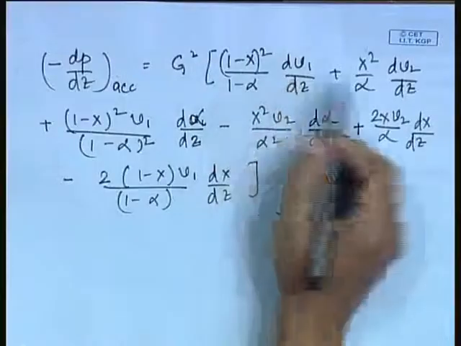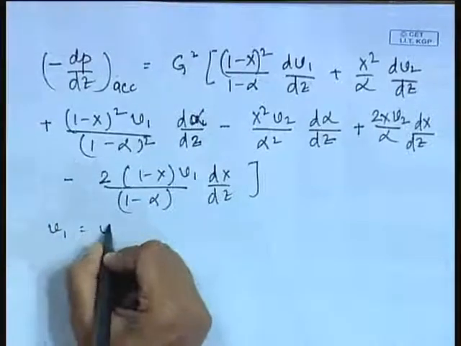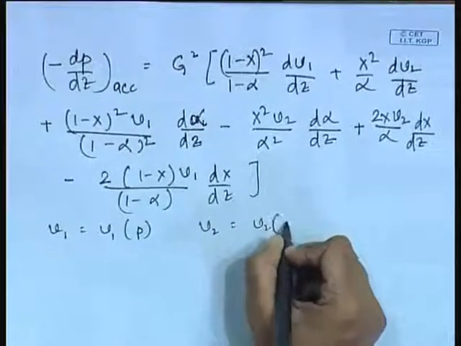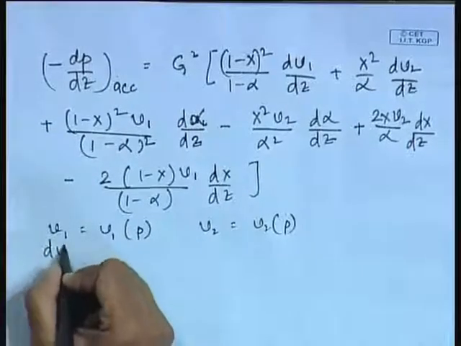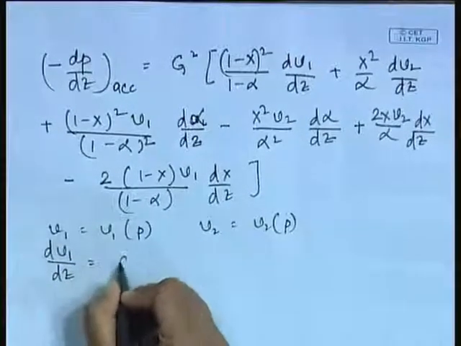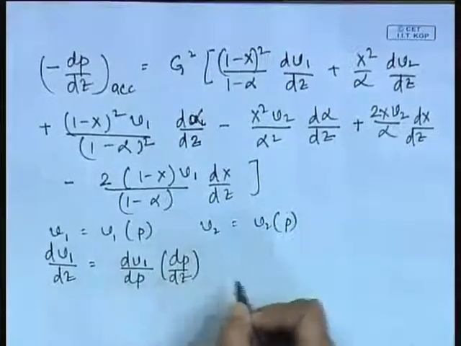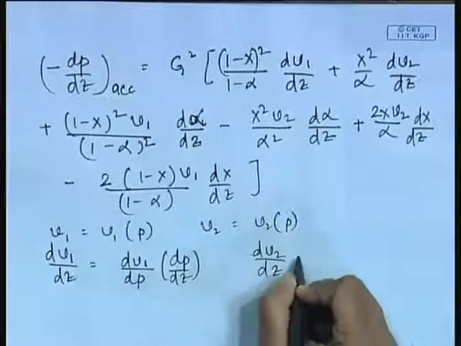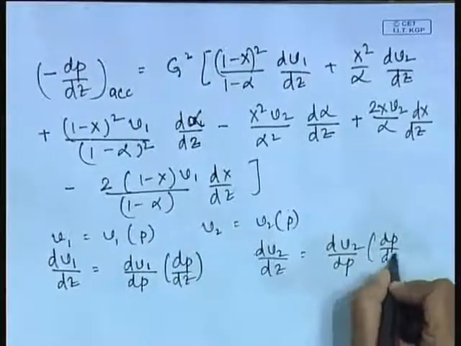So, we know that these dv2 dz and dv1 dz terms arise simply because v1 is a function of pressure, v2 is a function of pressure. Fine. So, if that is the case, then dv1 dz can very well be written as dv1 dp into dp dz. Yes or no? Same way dv2 dz can be written as dv2 dp into dp dz.